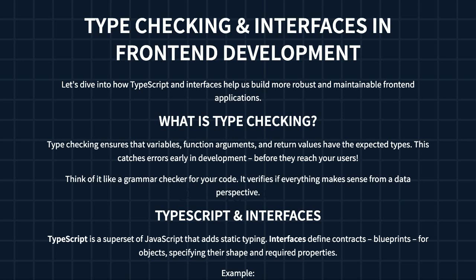It finds these errors before they cause problems in your application. Now TypeScript builds on top of JavaScript and adds static typing, which means we can define what types our variables and objects should be. Interfaces are basically blueprints for how an object should look, defining the shape it needs to have. Think of it as saying this object must have these properties.